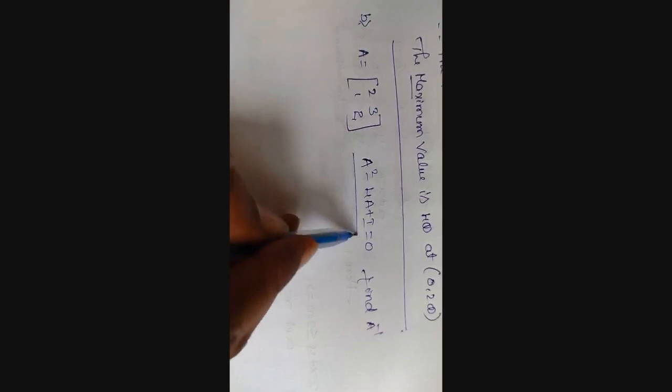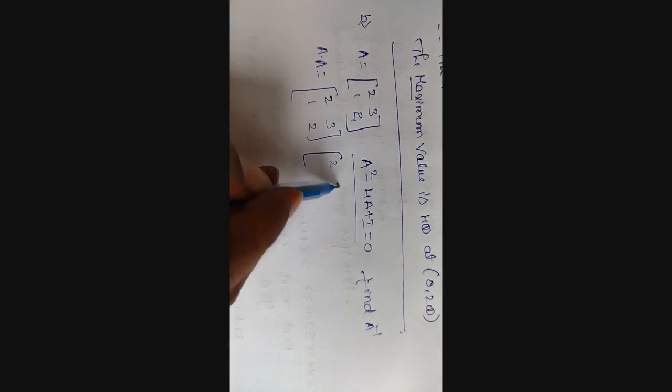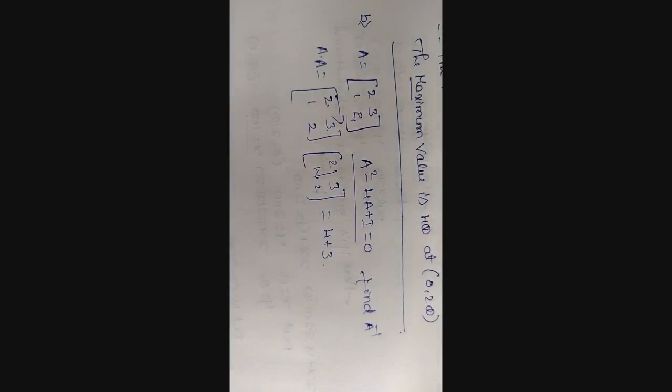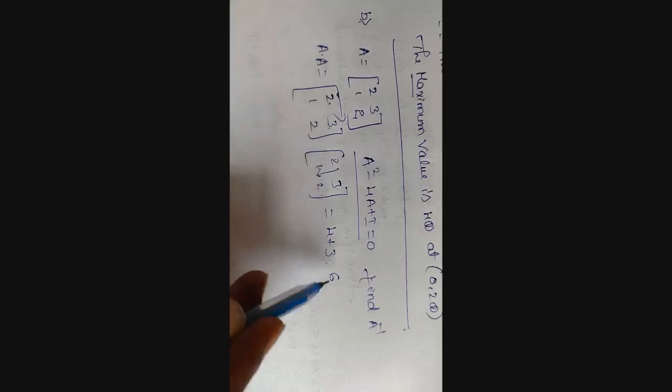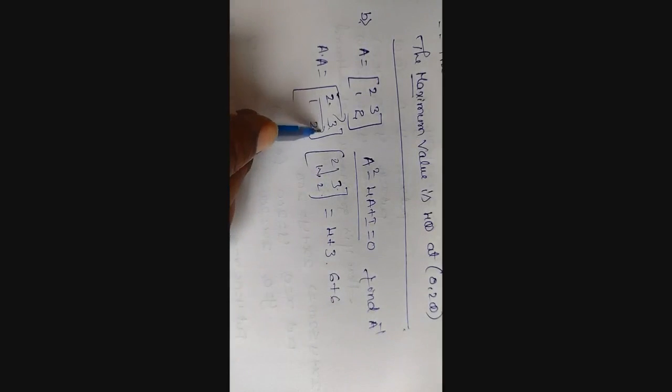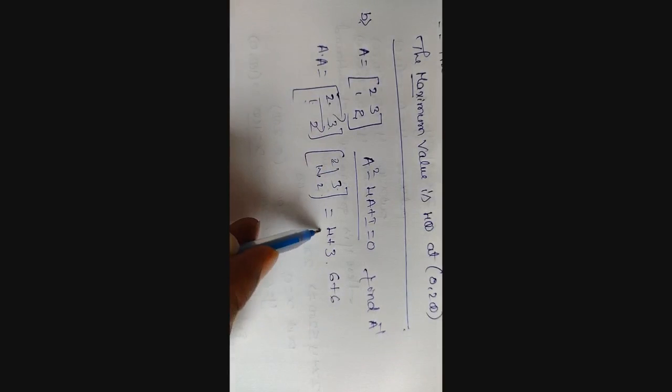So to find the A inverse, first we simplify this equation. First we have to multiply A into A, which is 2, 3, 1, 2 times 2, 3, 1, 2. First row first column: 2 2s are 4 plus 3 1s are 3. Same row second column: 2 3s are 6, 3 2s are 6. Second row first column: 2 1s are 2, 2 1s are 2.